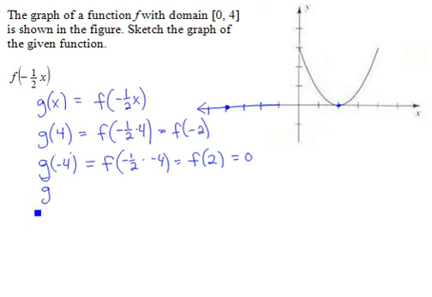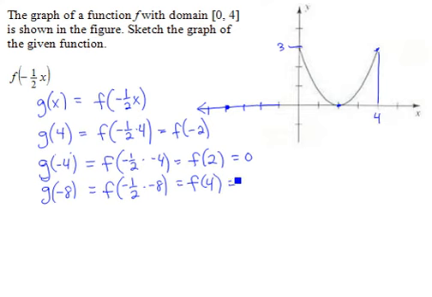Let's see what happens if we look at g of negative 8. That's f of negative 1/2 times negative 8, which is f of 4. f of 4, we can see from the original figure, is equal to 3. Over here on the y-axis we have 3 corresponding to the point above x equals 4.